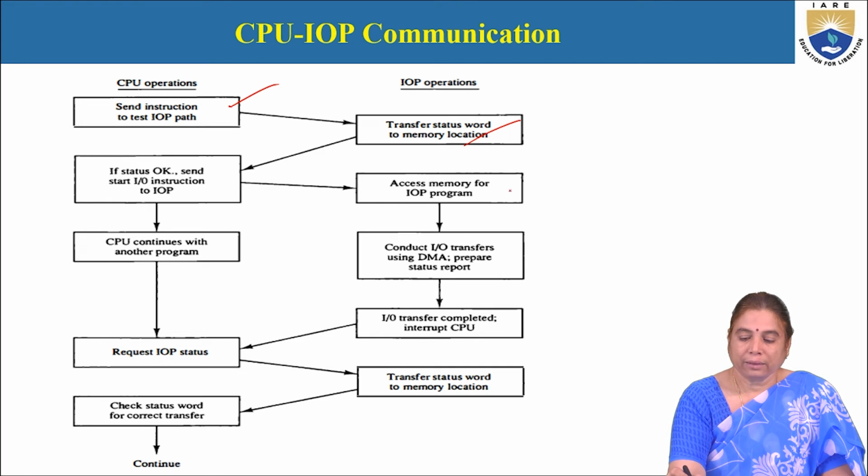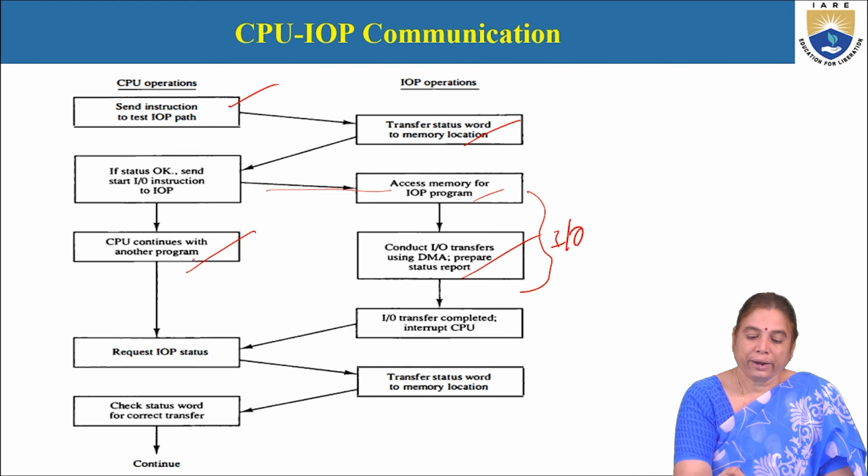Then the IOP accesses the memory and conducts the I/O transfer executions, and in parallel the CPU can continue with other programs, so that the IOP is involved in the major I/O transfer. The CPU idle time can be used for execution of another task.